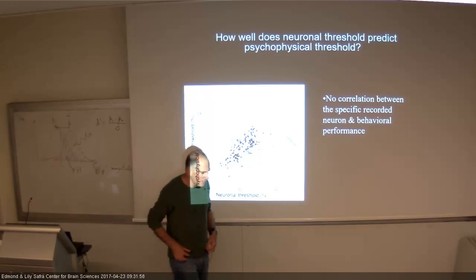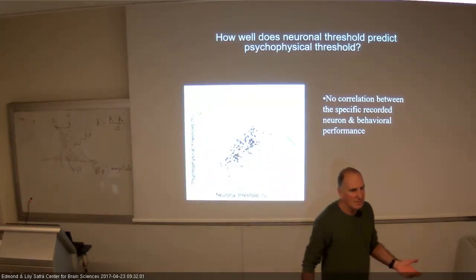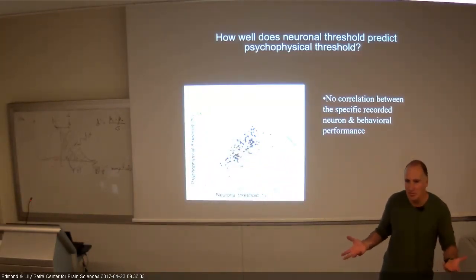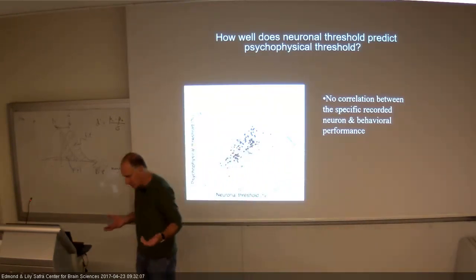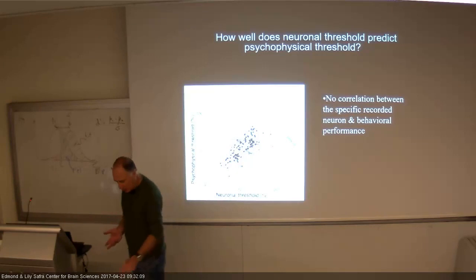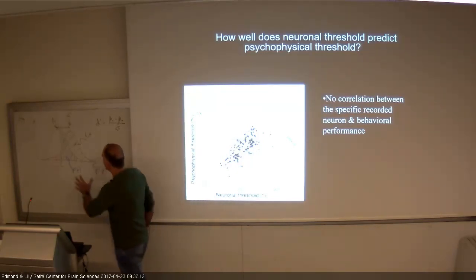So there's this sort of an enigma here: the monkey's performance is much worse than one would have expected if you were to pool the information of many, many neurons. Now, let's think about it this way.